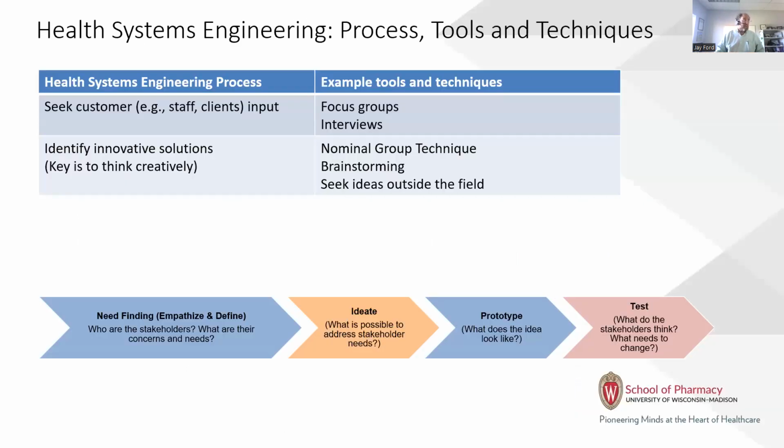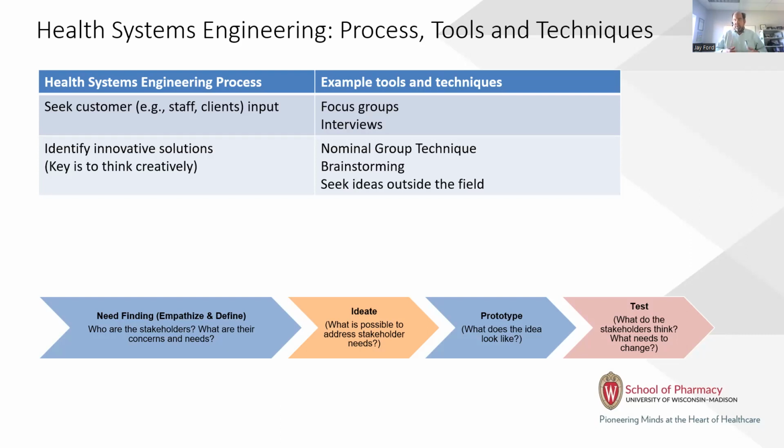The next part of this process in the health systems engineering toolkit: we've talked about seeking customers' input and identifying innovative solutions. These are related to the ideas of ideate from design thinking, as well as testing, understanding what the customers think.